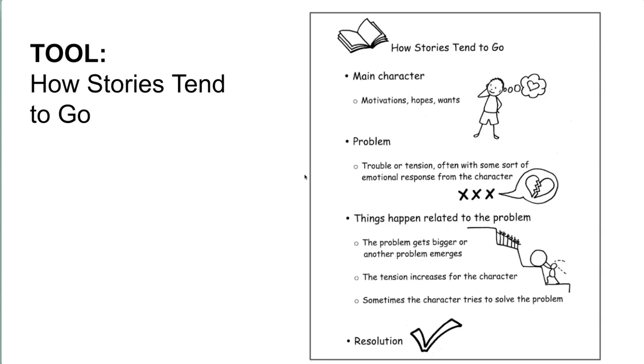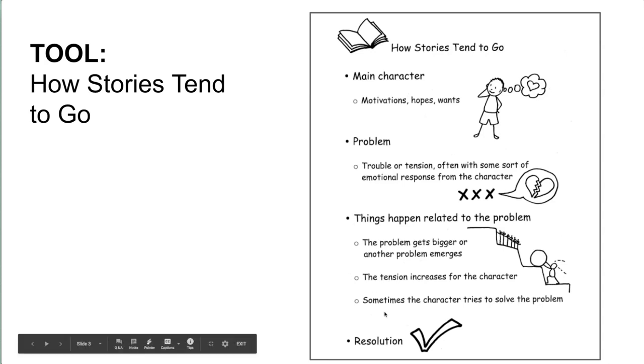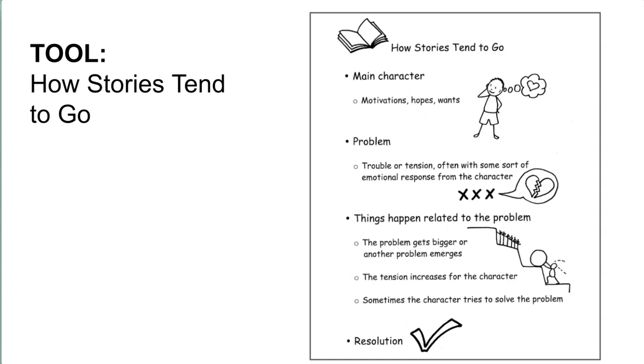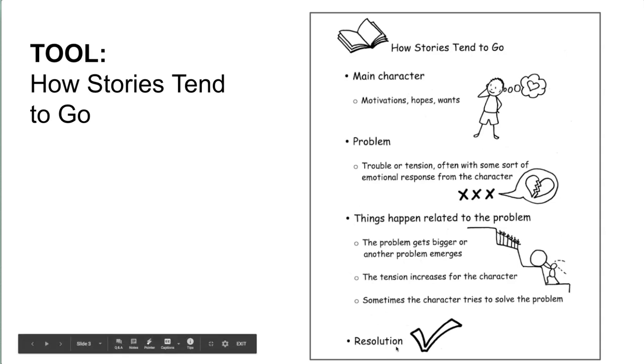You're seeing emotions. And then you have to have things that happen that are related to the problem. And then you have to have more than one of these things. You have to have a problem that's getting bigger. You need to have some tension that increases for the character. And then you also need to see that the character's trying to solve this problem. And then finally, you have to have a resolution, some sense of closure to the story.